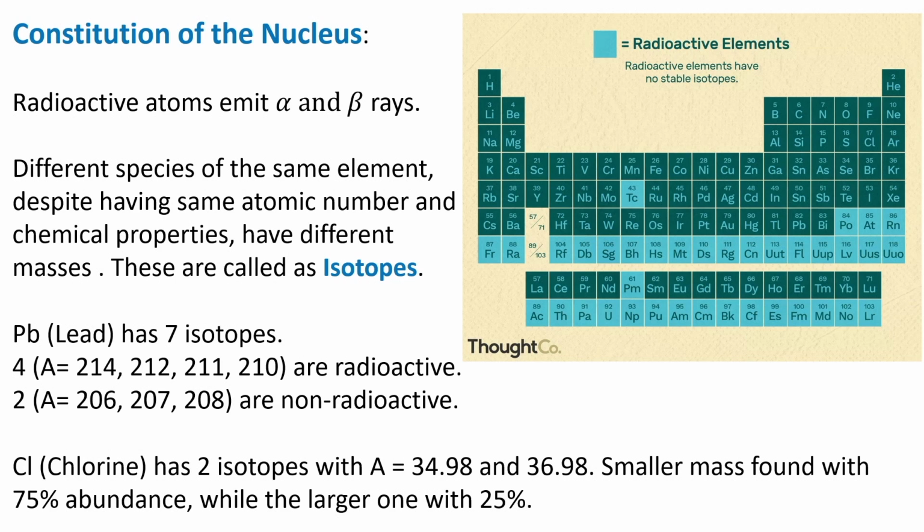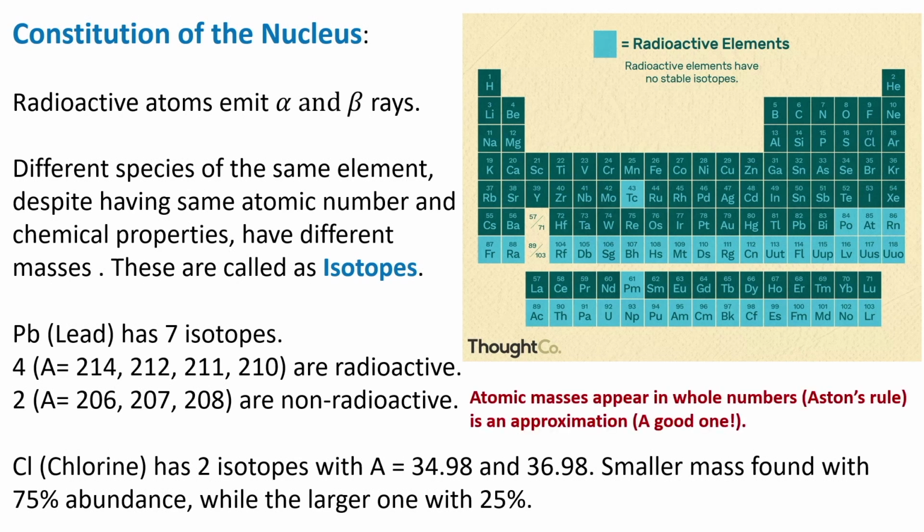In fact, you might have heard of radium watches, which were very common earlier, but because of radium's radioactive properties, they were discontinued. And these light blue colors show the radioactive elements, which means that they have no stable isotopes, and the nuclei of these elements emit alpha and beta rays.